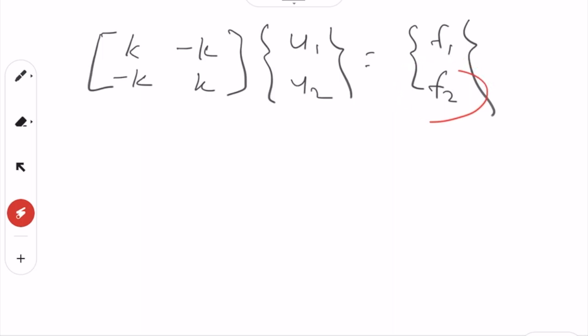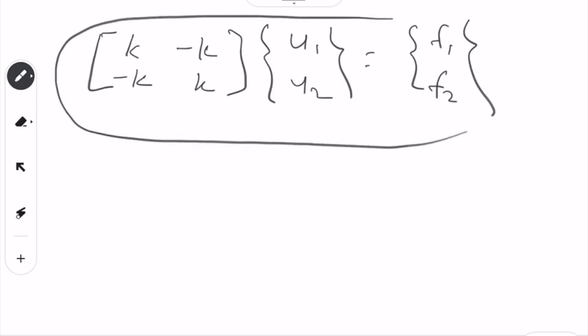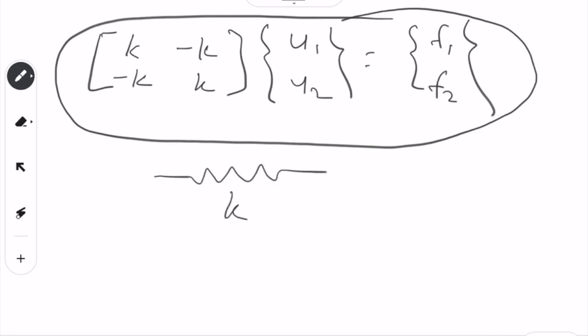So we have got this system of equations, two equations in matrix form, and this is what we got for a spring which has a stiffness constant k.